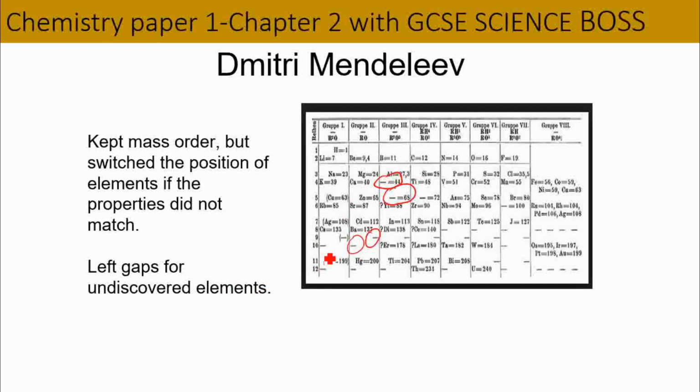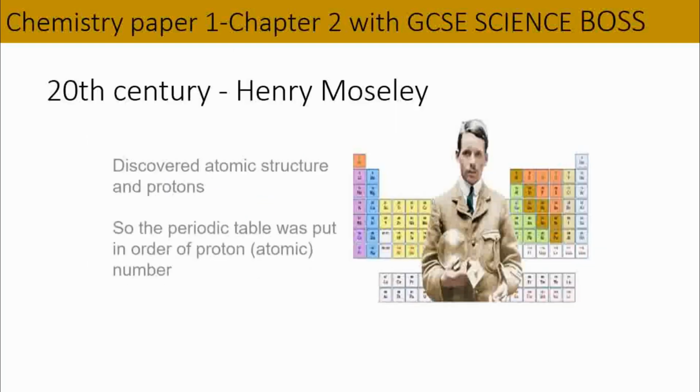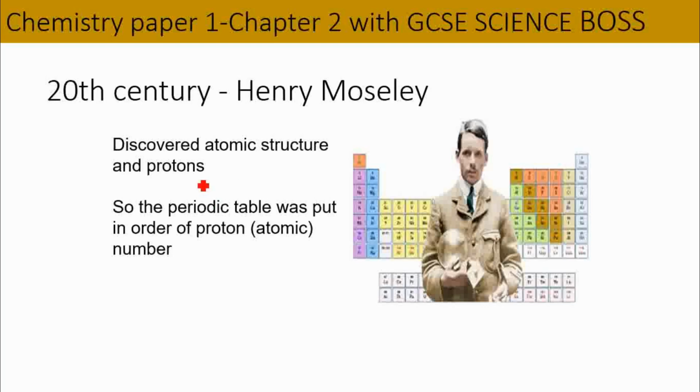He left gaps for the undiscovered elements, and he switched positions for elements that in terms of reactivity were not matching at the time. Okay, and then later in the 20th century, more modern, after they discovered the atomic structure and protons, Henry Moseley decided that in terms of the periodic table, he was going to put them in the order of proton number.